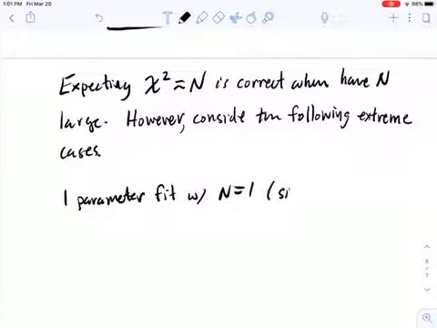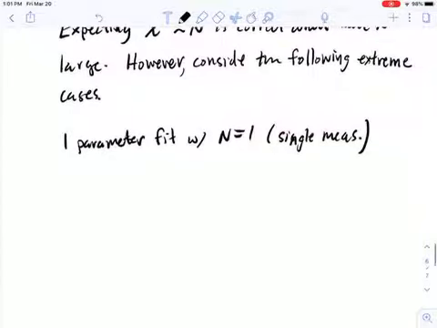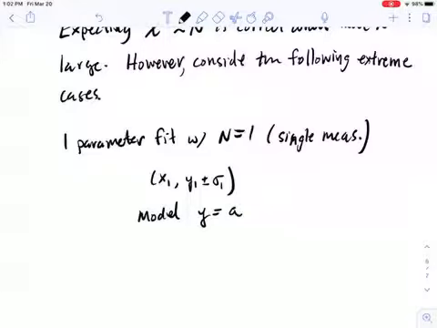So just a single measurement. Okay, so all we've done is we've just made a measurement of x1 and y1 plus or minus sigma 1. Okay, and our model is a single parameter, and let's just say we expect the result of our measurement to be some constant a. So a is our fit parameter.